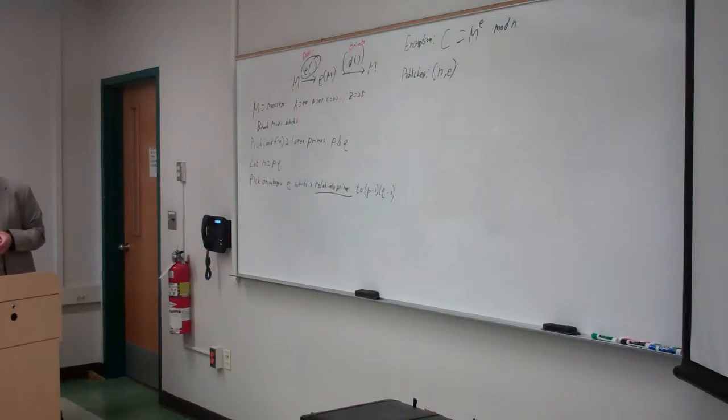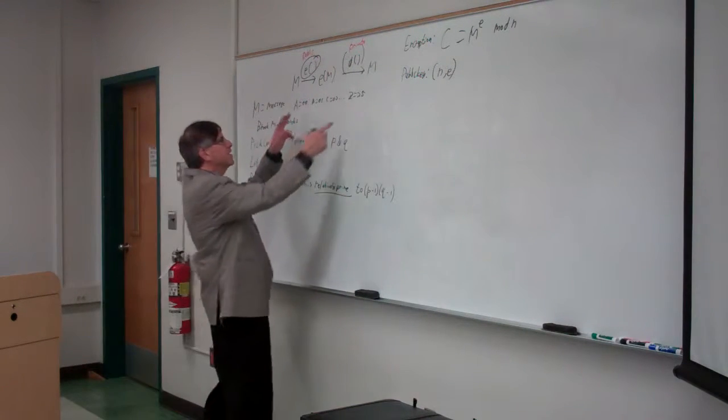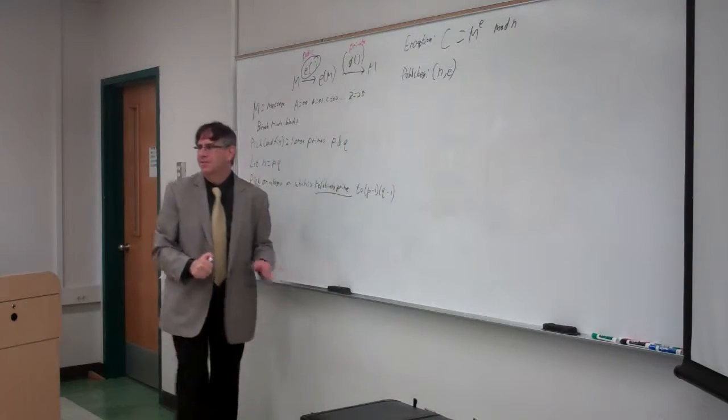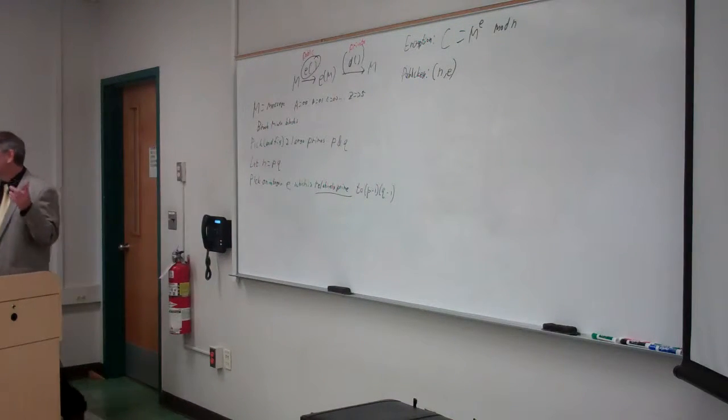No, it has to be unique because you can decrypt. So different messages should give you different encrypted versions. Right, because we're limiting our message to n, so that won't happen.